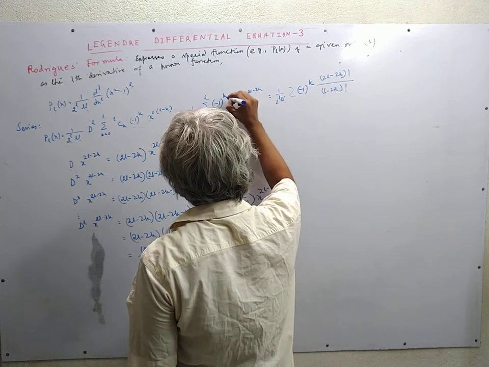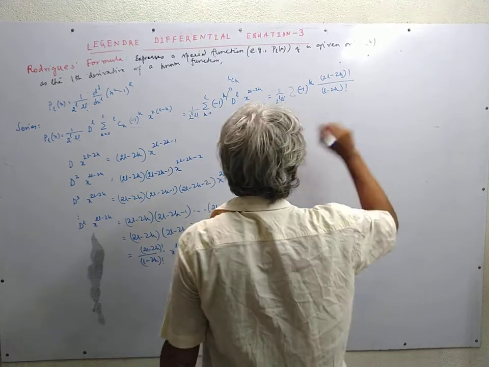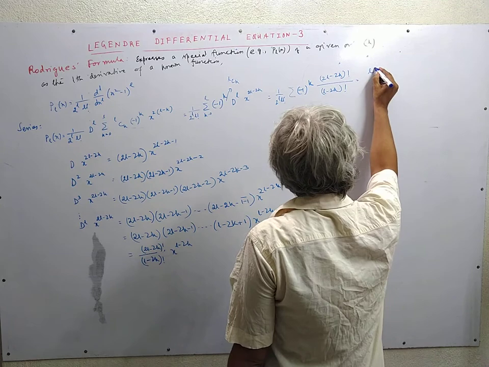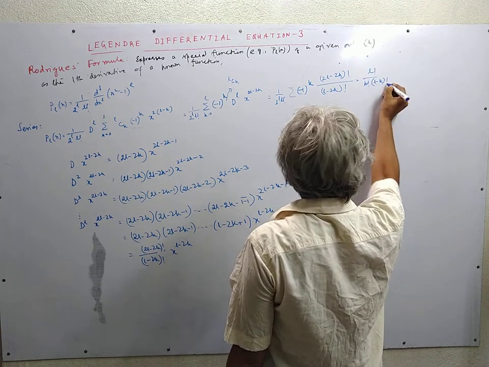we have L C k, where L C k is L factorial over k factorial (L minus k) factorial.